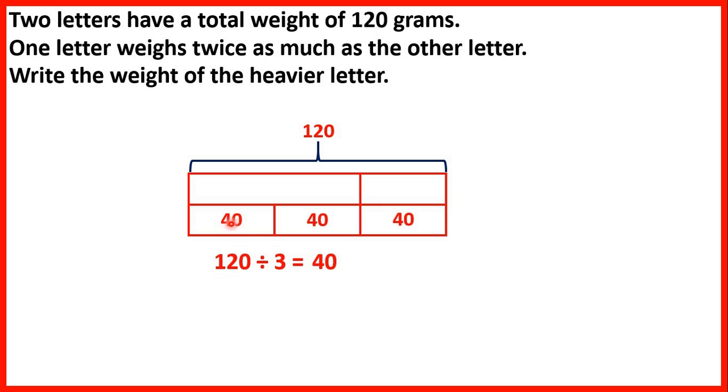So we can write 40 in these bars here, and then to work out this bar, we have 40 plus 40, so that's 80. And then the lighter letter will be 40, and that makes sense because 80 plus 40 is 120. So the heavier letter is 80 grams.